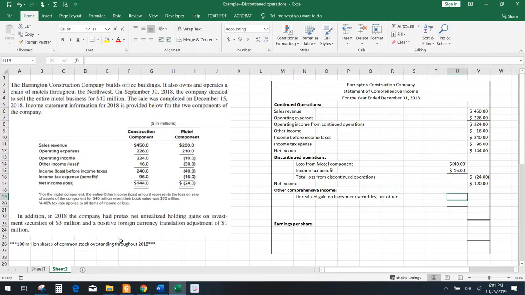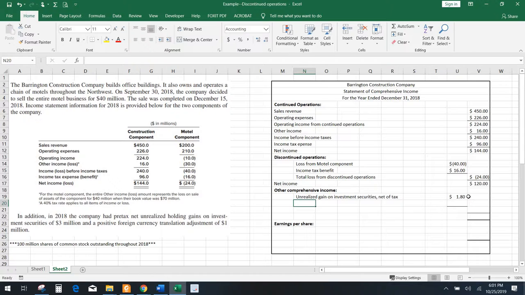We have to take the 3 million and multiply it times, if we're paying a 40% tax, that means we only get 60%. So we multiply times 0.6. Okay, and that gets us to 1.8 million.